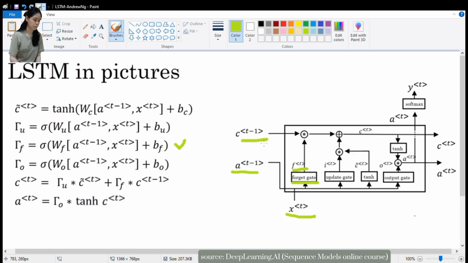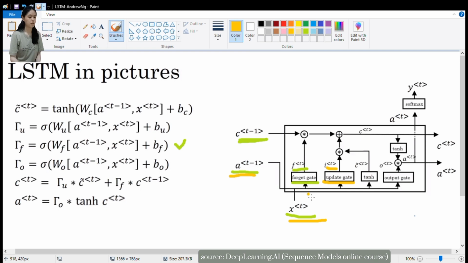So the forget time step would be used to be multiplied with the memory cell from the previous time step. And then, let me change the color, still using a and x, the coefficient from the previous time step and input from the current time step, you could get the update constant here.